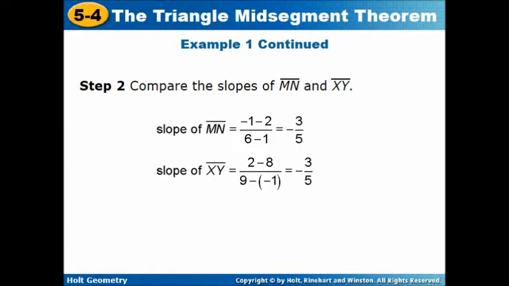So in this case we will have 9 minus negative 1, which is the same as, of course, 9 plus 1. So simplifying, again, our slope is going to be negative 3 over 5. So the important thing now is that we found that the slopes are the same. And because the slopes are the same, line segment MN is parallel to line segment XY.